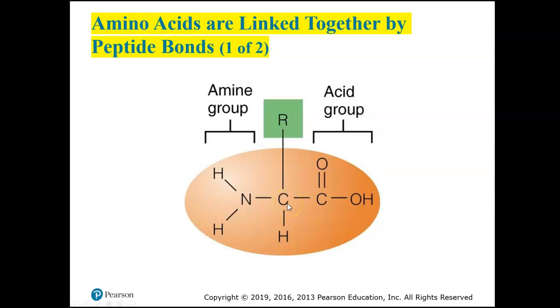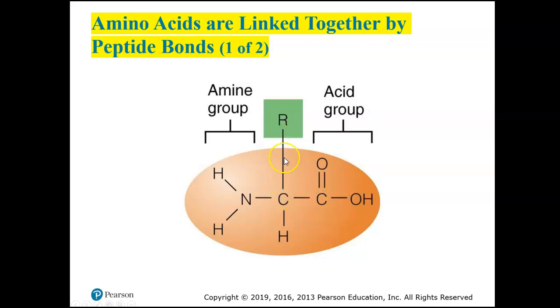That carbon is bonded to a hydrogen atom, and then an amine group, which is nitrogen and 2 hydrogens. This is the amine part of it. And then the central carbon is also bonded to an acid group, COOH. That is called a carboxylic acid group. And we also have that in fatty acids as well.